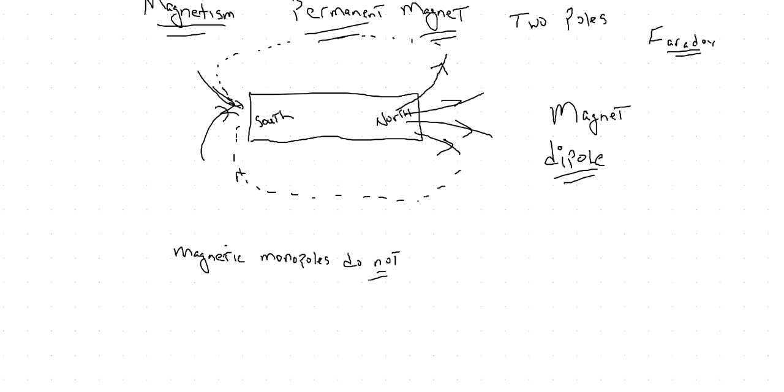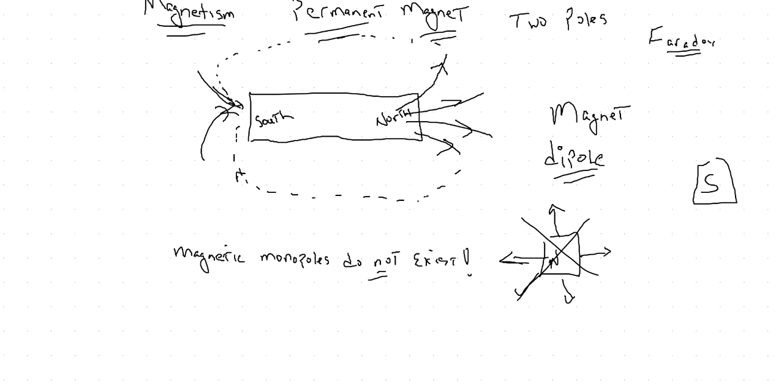What do I mean? They don't exist. In other words, you will never see a North Pole all by itself putting out field, with the lines coming out. We never see this. Never. We never see a South Pole all by itself with the fields going in.